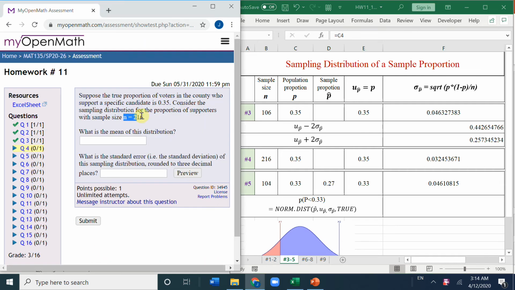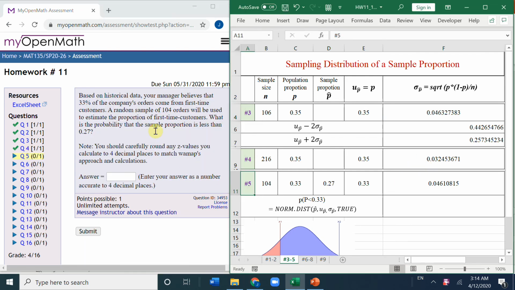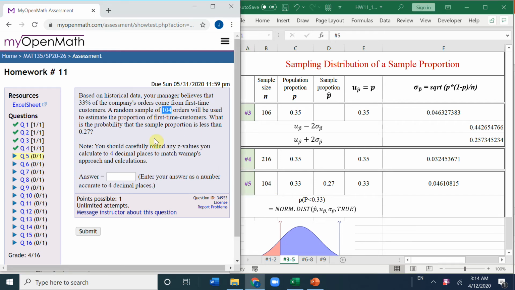Number 4: sample size 216, and the proportion of population is 0.35, and this is sigma. So the mean is 0.35, sigma is 0.032. Number 5: we know here the sample size is 104 and 33% is the population proportion.